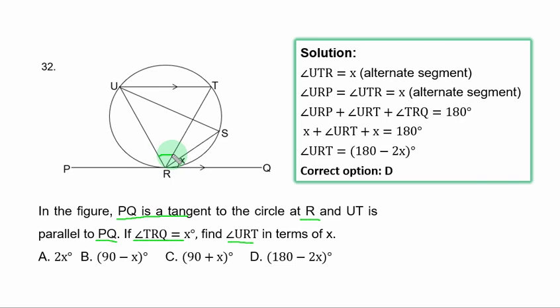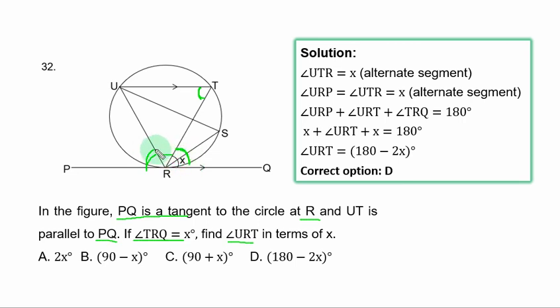From the given information, this angle UTR is equal to this angle, angles in alternate segment. In the same vein, this angle here is equal to this angle, the same angles in the same segment. So we know this angle as S, we know this angle as S.